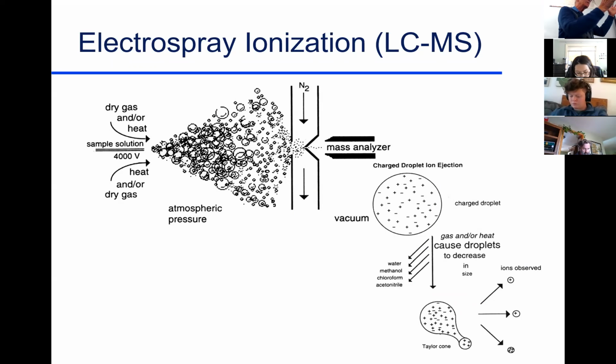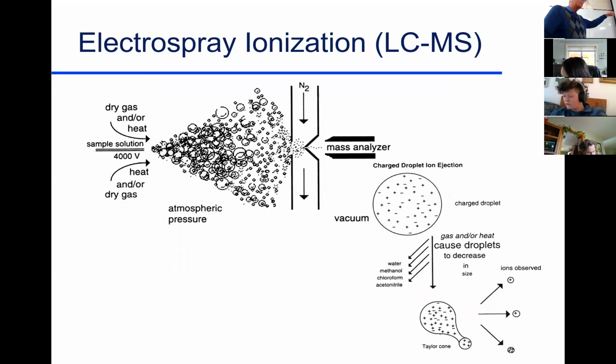It sprays that solvent into a spray, but it's under a vacuum too, so that solvent is volatile. The solvent tends to just evaporate and it leaves the ions that you want, the fragments of what you're measuring. That goes into your mass analyzer and gets separated into fragments, and the fragments are measured.